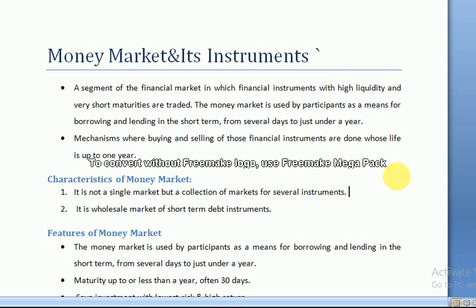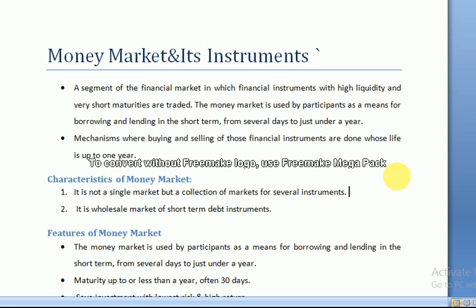Trading in the money market is done over the counter and in wholesale form. Like, if you need commercial papers of any company or T-bills of the government, through the over-the-counter market you can buy and sell.